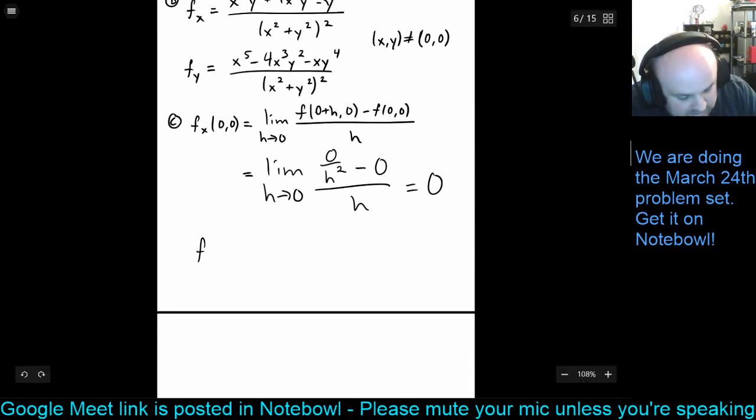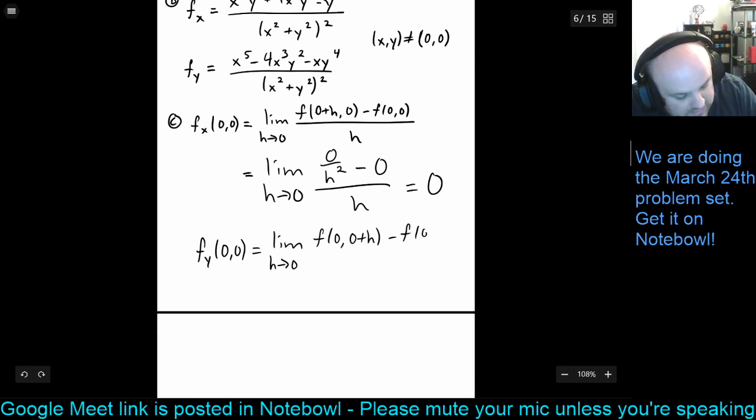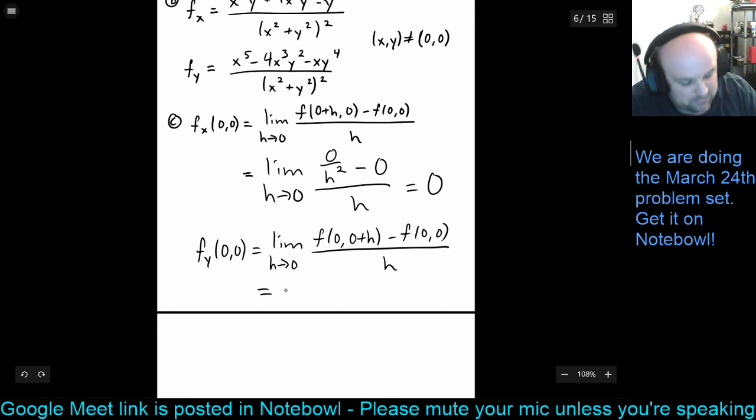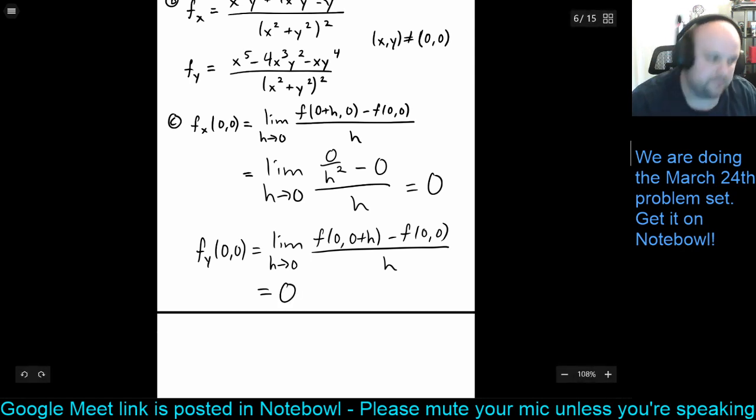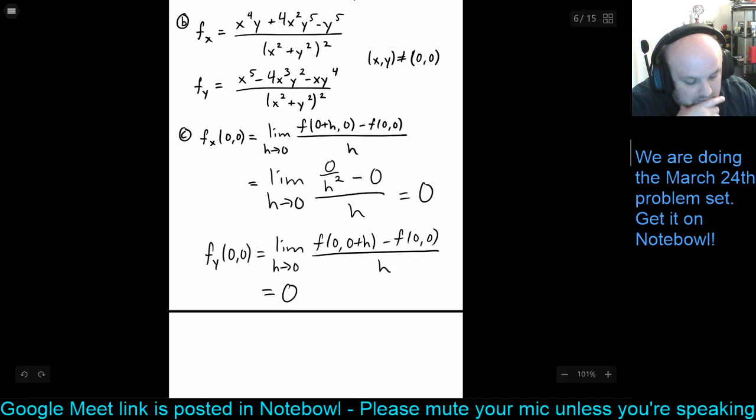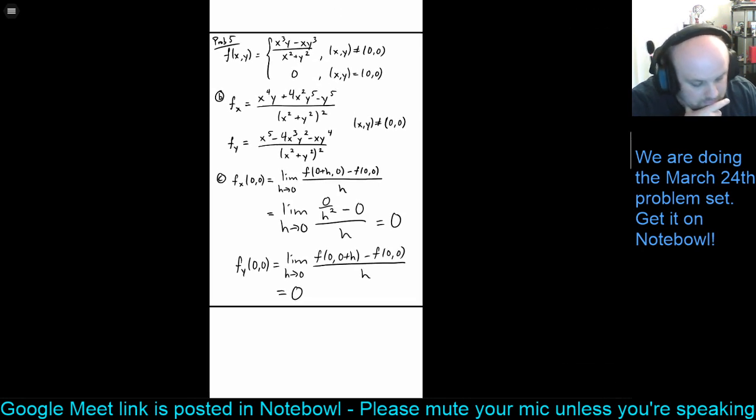Likewise, you're going to find that f_y at (0, 0), which we compute as the limit as h goes to 0 of f(0, 0 plus h) minus f(0, 0) over h, is also 0 in basically the same way.